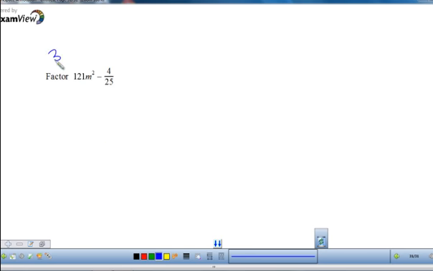Okay, 31. Let's factor. I'm going to use guess and check because the last term doesn't have an x. So two numbers multiplied together that give you 121 would be 11m and 11m. Two numbers multiplied together that give you 4 over 25 will be 2 over 5 and 2 over 5. Since it's a negative, one has to be a negative, the other one has to be a positive.